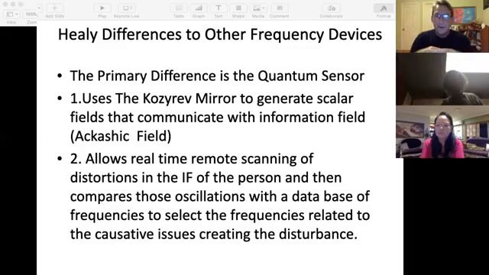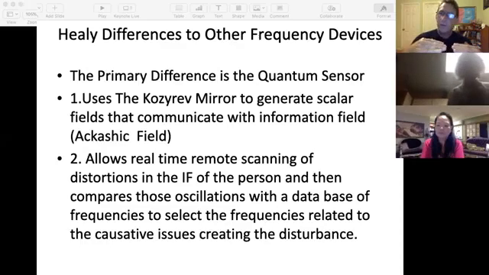Most of the energetic devices on the market are very useful and effective at accessing information from the physical body. They rely on biofeedback, where they put a frequency into the body, the body responds and sends back a signal, and then we look for a match of those signals to determine what the problem is and what frequency or treatment we need to offer.